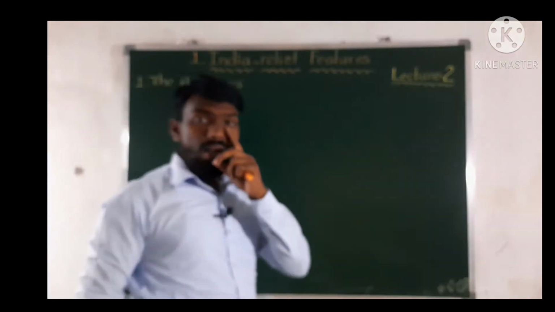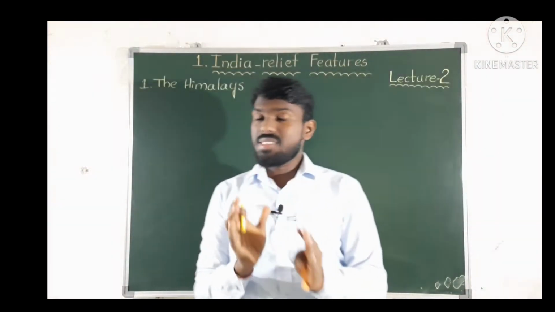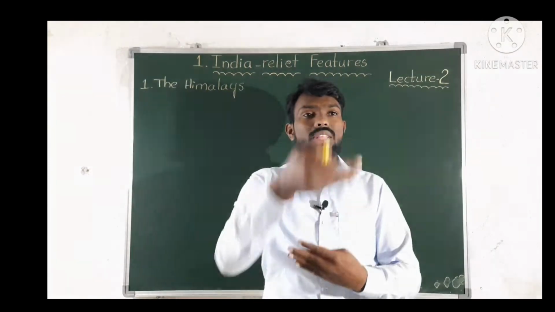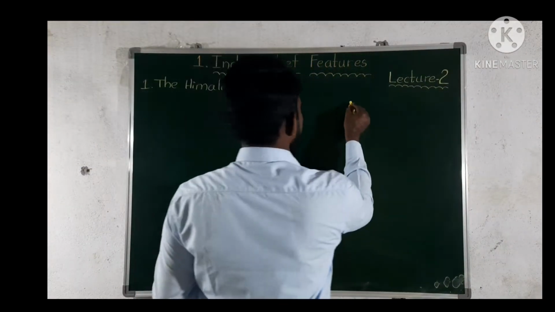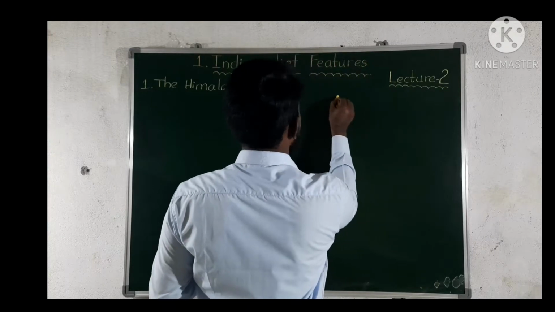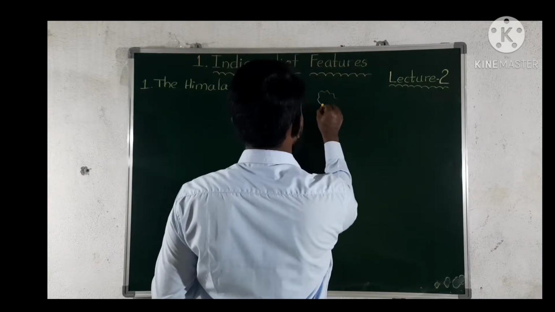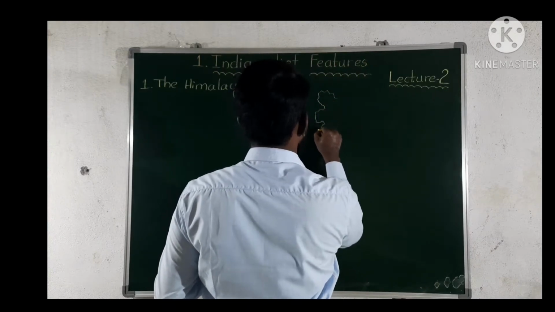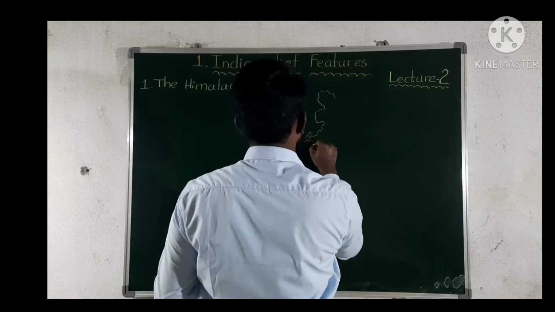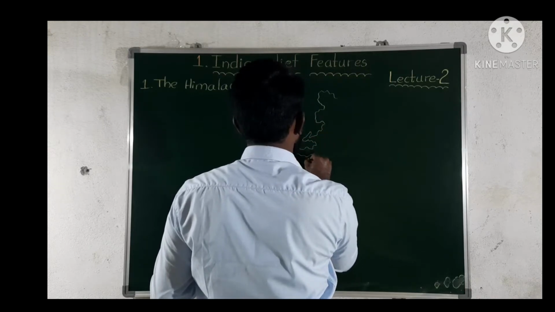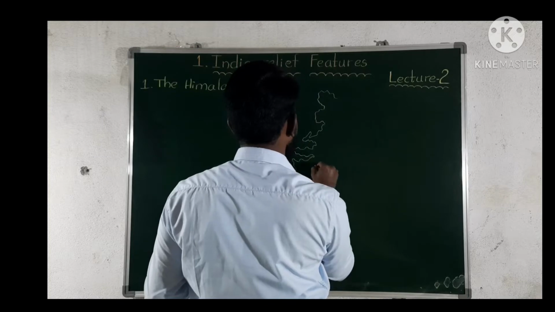Let me draw a rough diagram of India to understand the Himalayas very clearly. This is a rough diagram. From this diagram, we can understand the Himalayas in an easy manner.